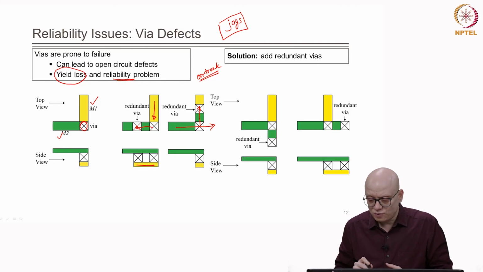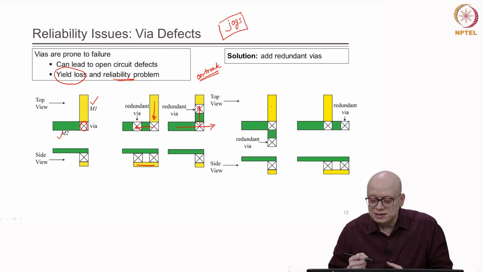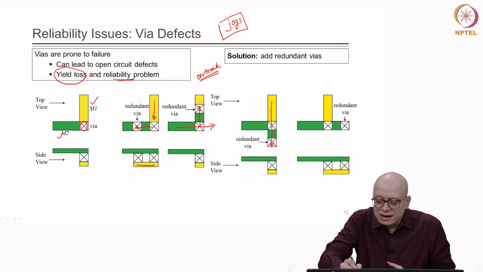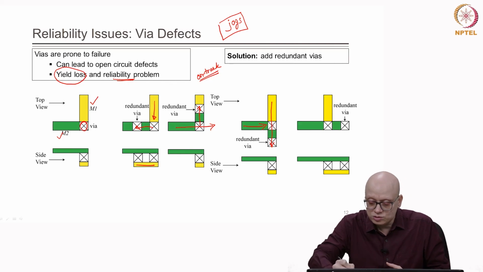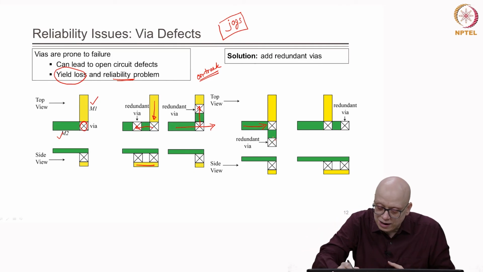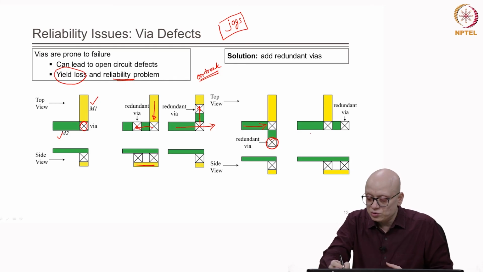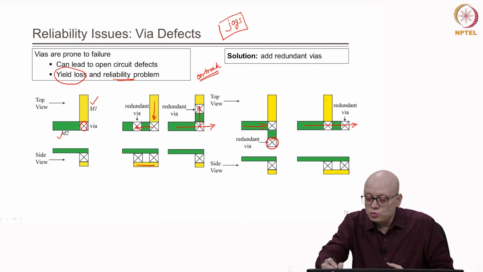In an off track via, we extend this line M1 along the preferred direction and extend the M2 line along the non-preferred direction. The preferred direction for the M2 line is this, and here we have added a redundant via. Similarly, we can carry along this M2 in the preferred direction, and M1 along the non-preferred direction.